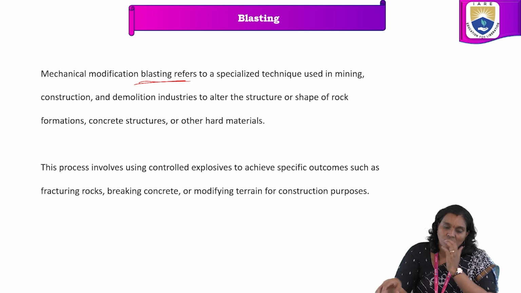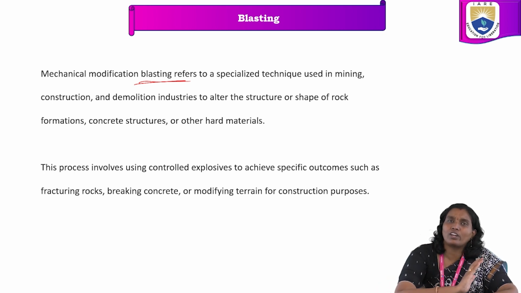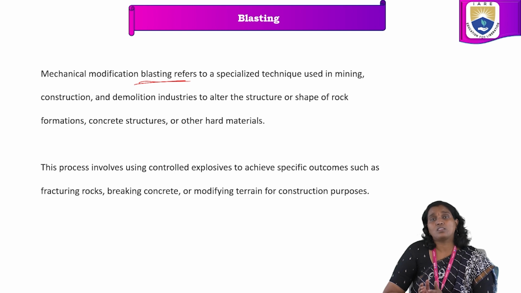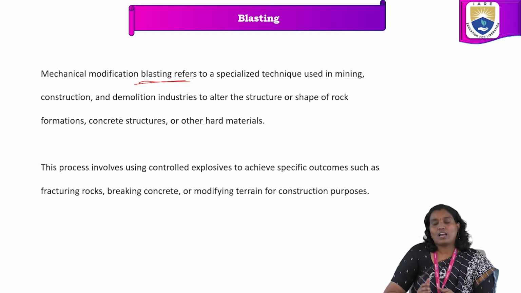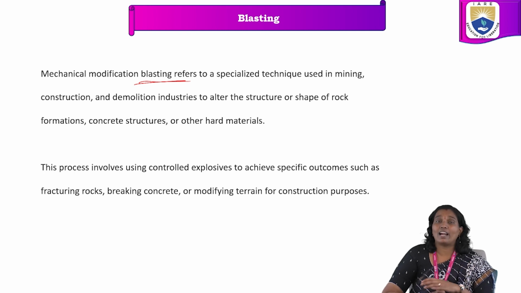The controlled explosives are very important, along with control of the explosives and the previous history. Whenever we are using this kind of blasting, we have to take care that there is no loss of human lives or any animals or birds present in that particular locality, and the nearby surroundings also.